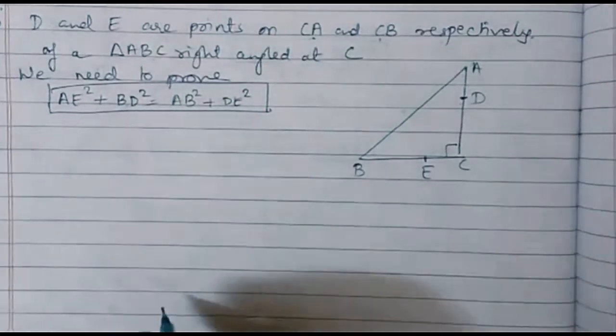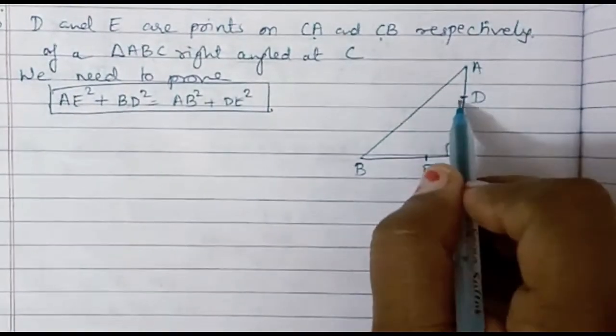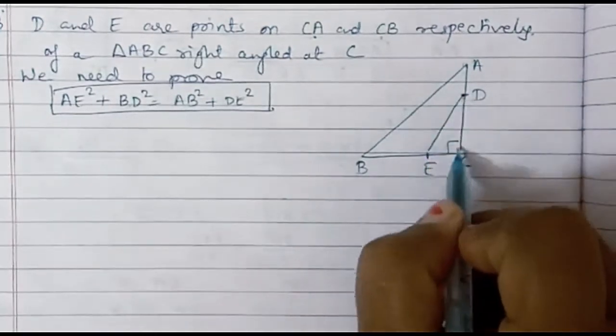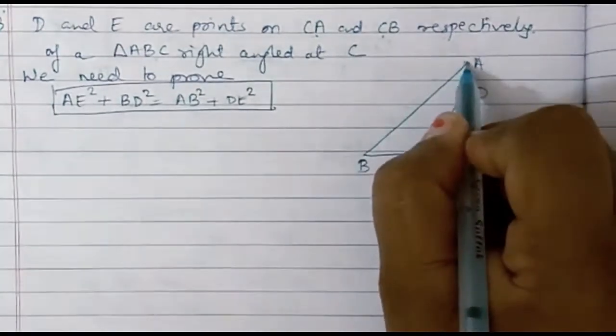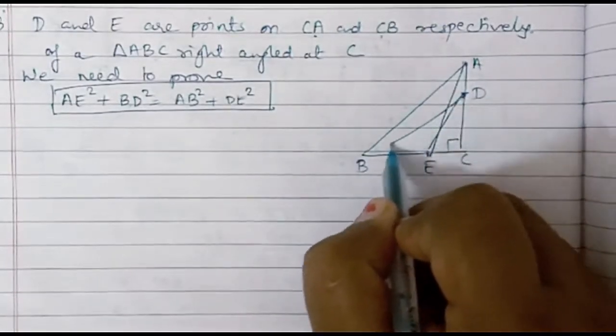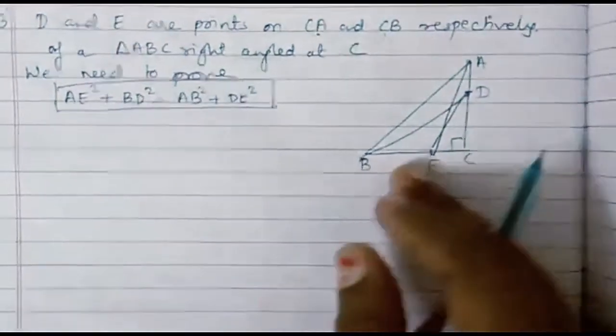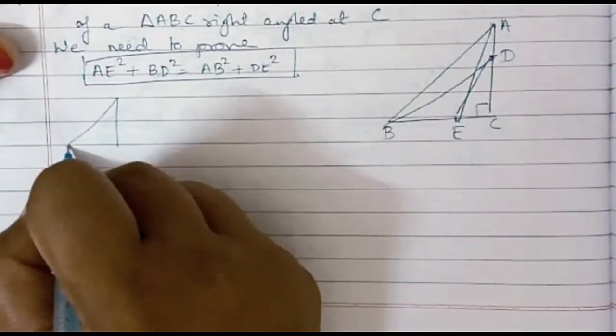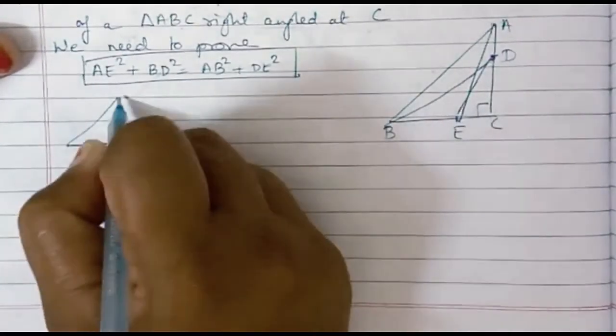So we will get 4 right angle triangles. First is ACB, second is DCE, third is ACE, and the next one will be DCB. Now I will draw the same figure here 4 times so that you can see 4 different triangles having angle C as a right angle.